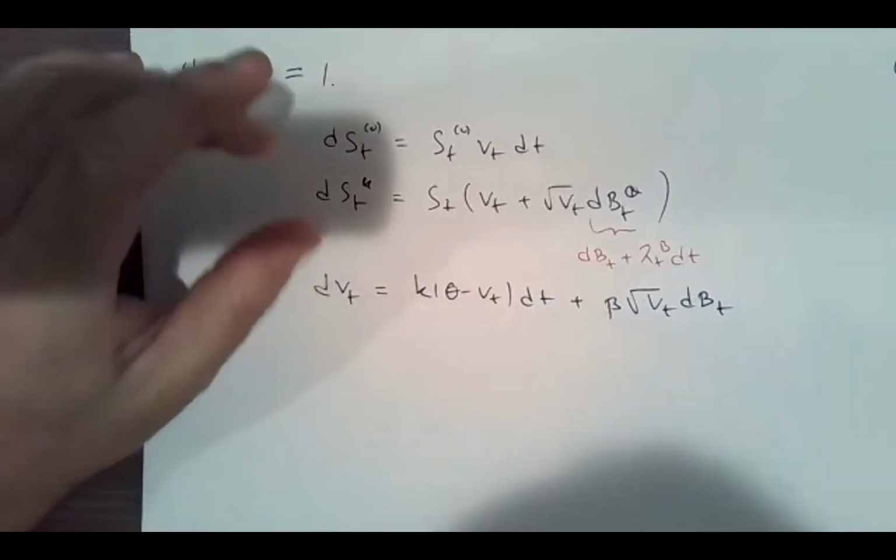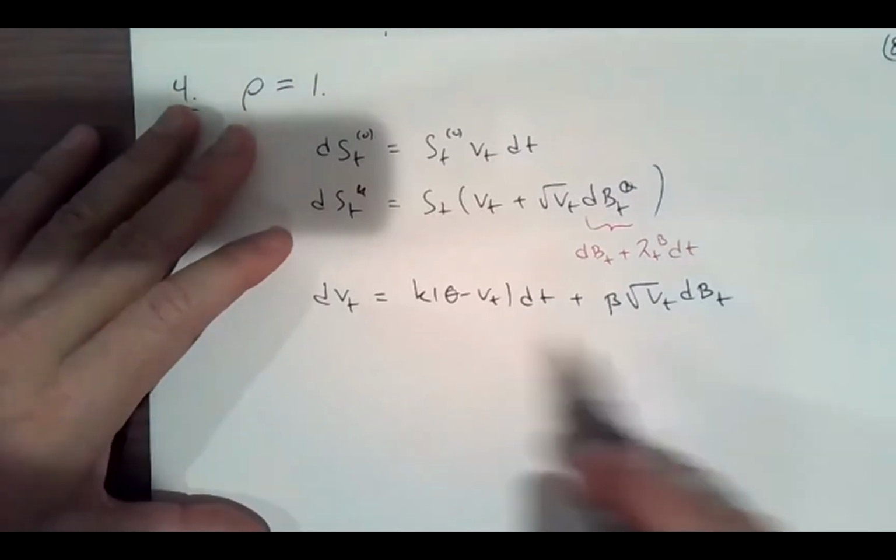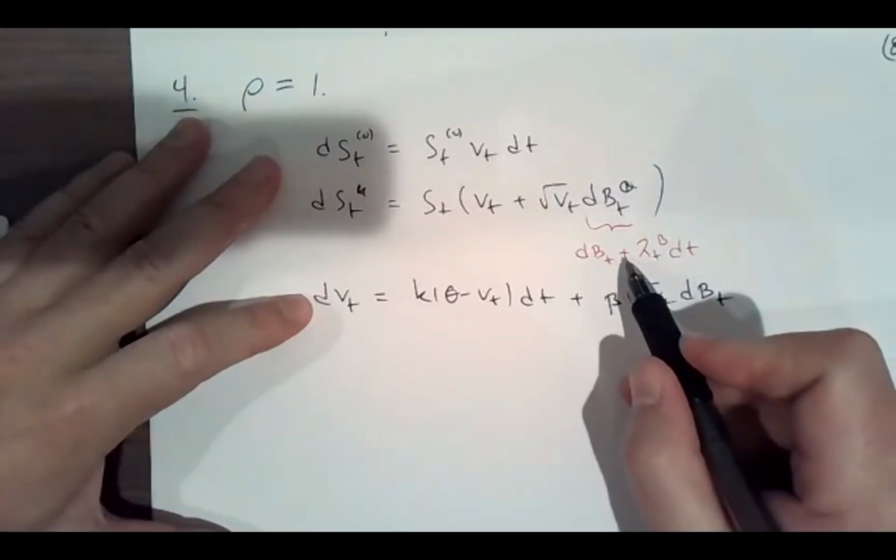And again, if I want to write the risk neutral dynamics of V, I have to do this correction here.